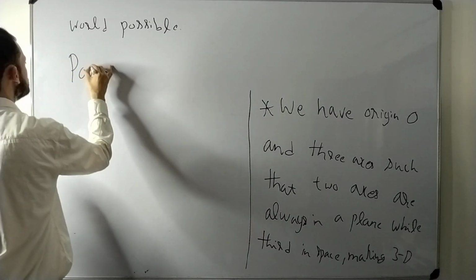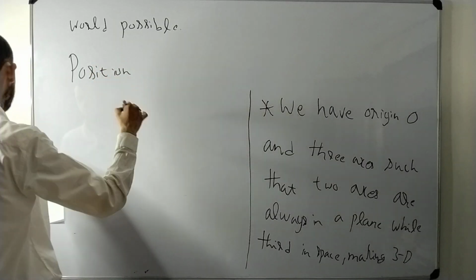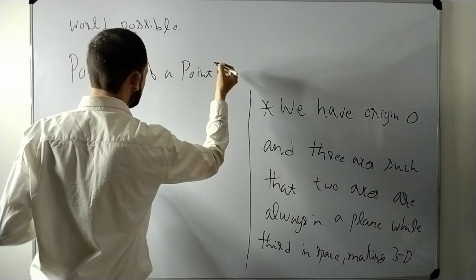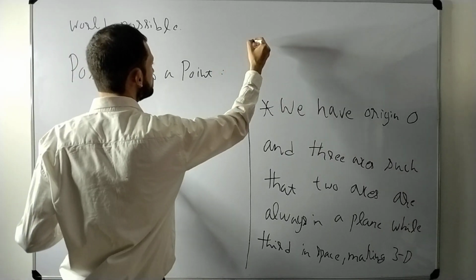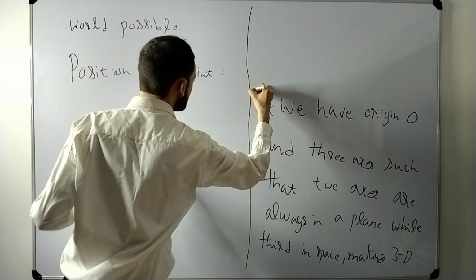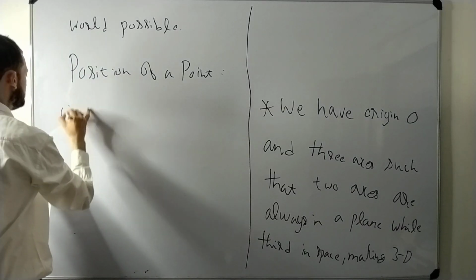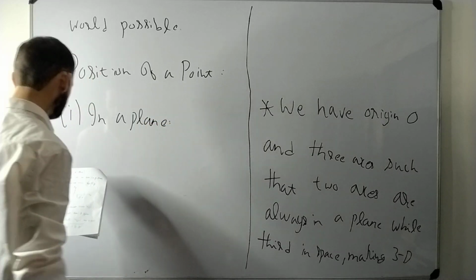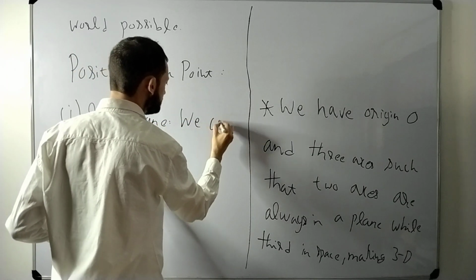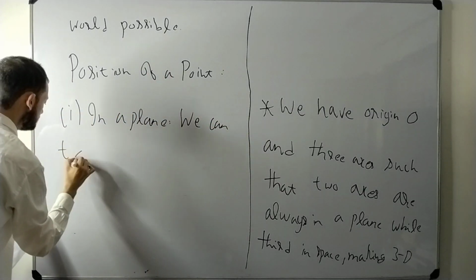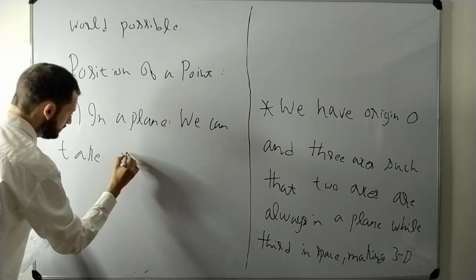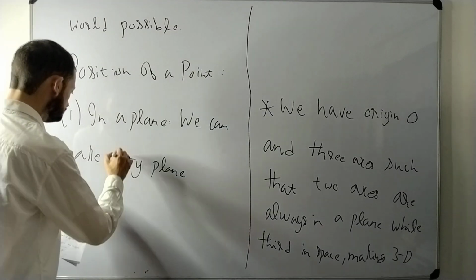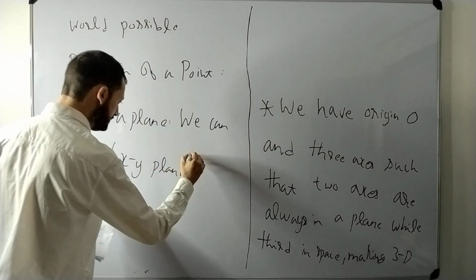Position of a point in coordinate geometry. First, consider in a plane. In a plane, we can take the xy plane.